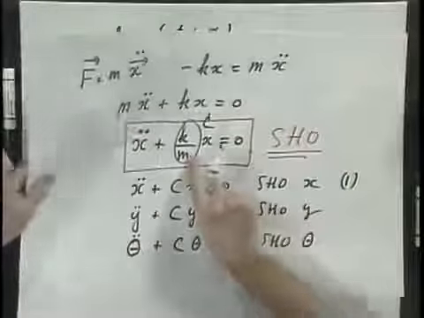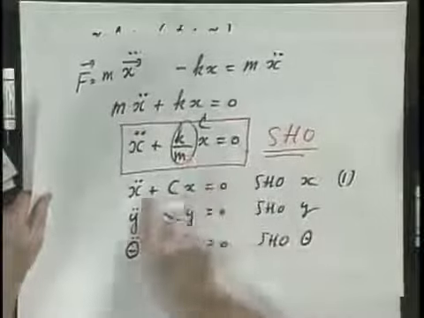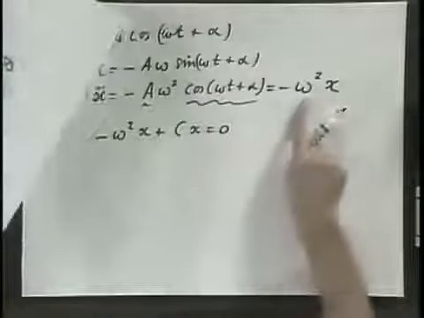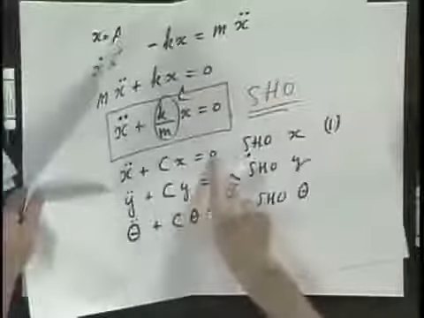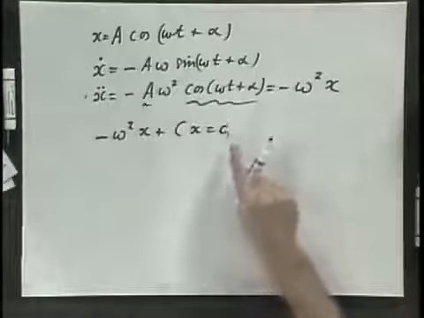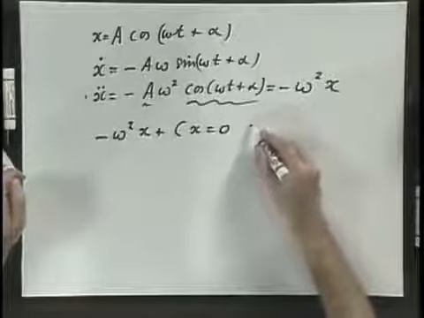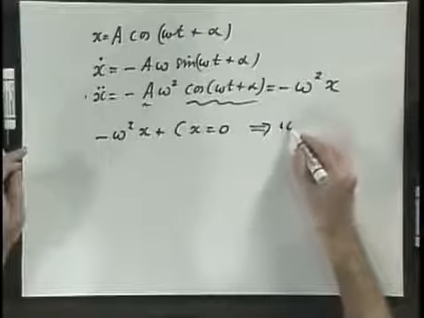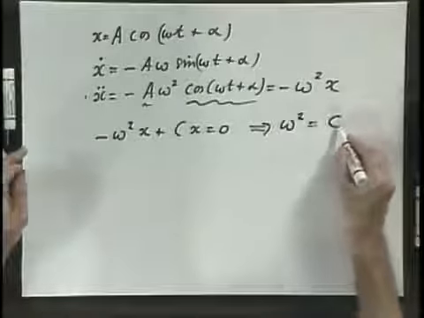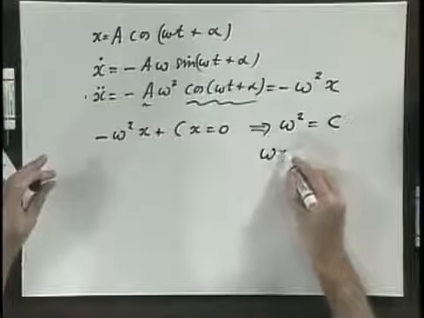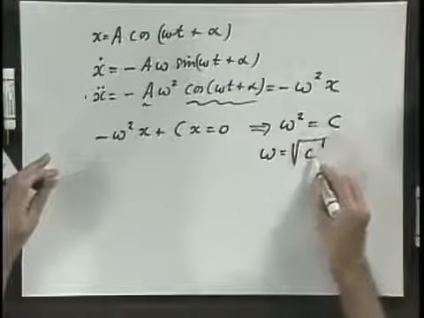It's clear what I have done. x double dot is this value, and Cx is this value. This is 0. And so you'll find immediately that this is true and only true if omega squared equals C, and so if omega equals the square root of C.